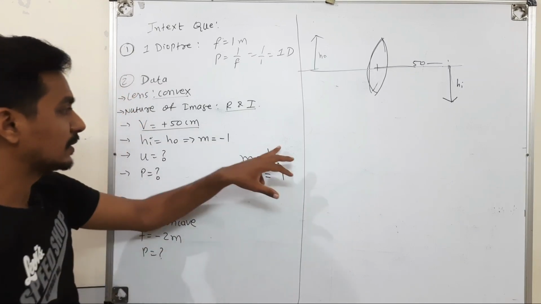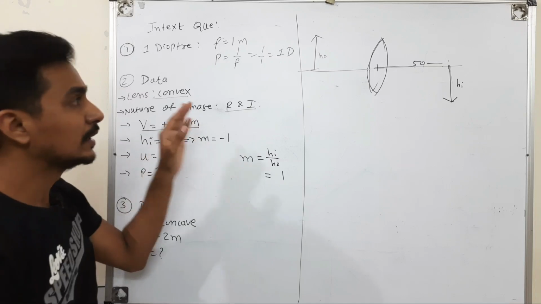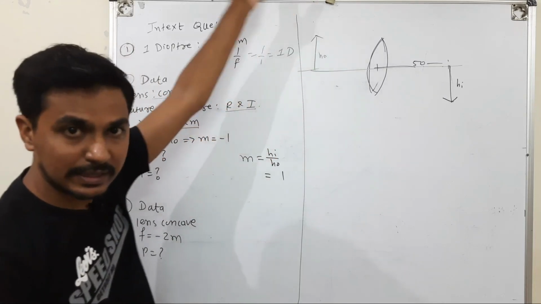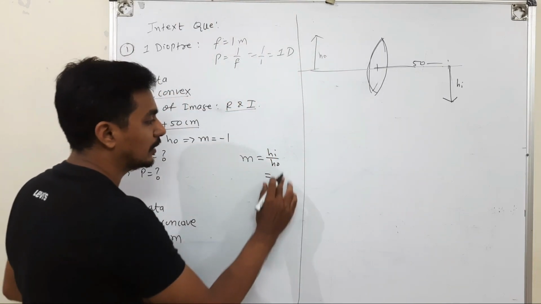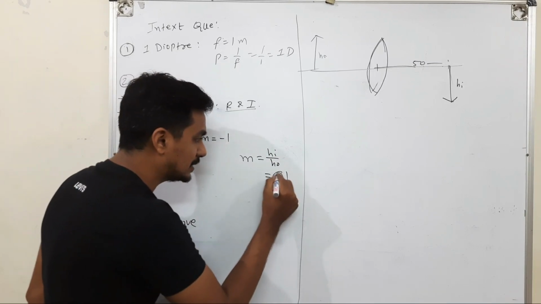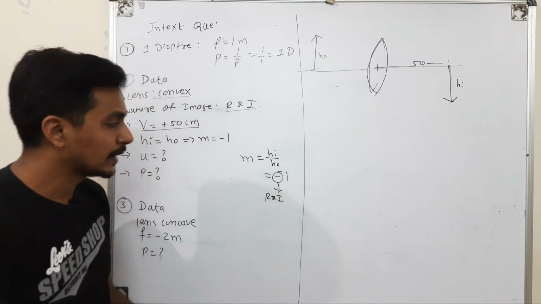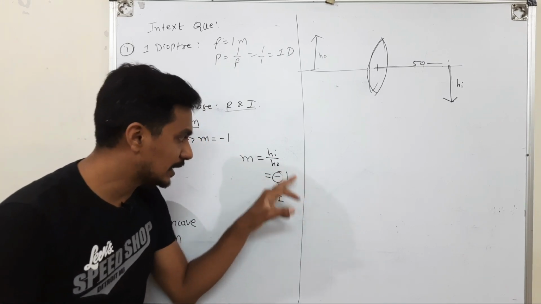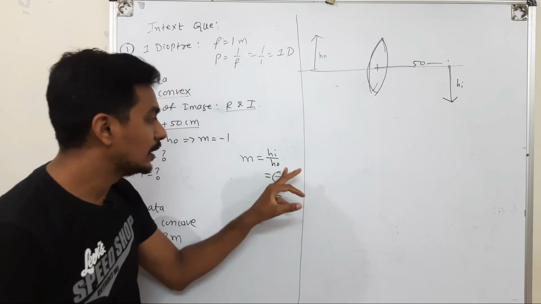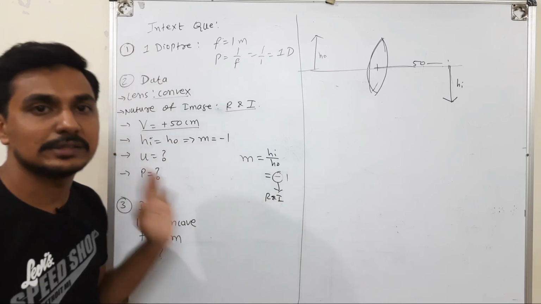But here the image is inverted, which is given in the question, and the height of the object is always erect. So the magnification is -1. Minus indicates the image is real and inverted, and the magnitude 1 indicates the size of the image and the object are the same.